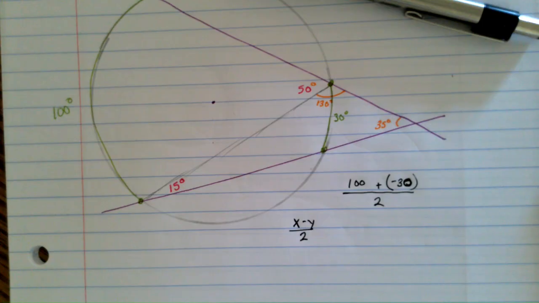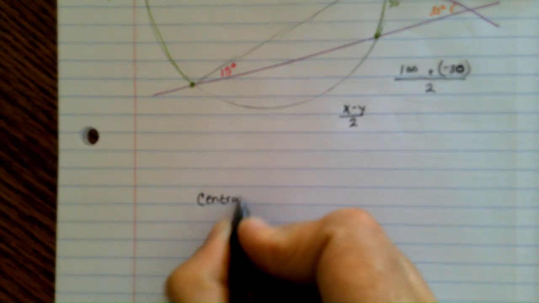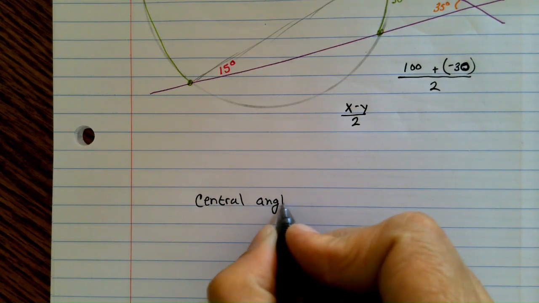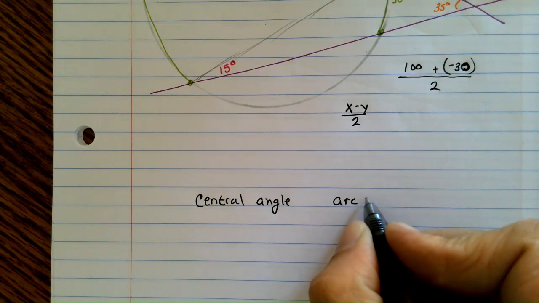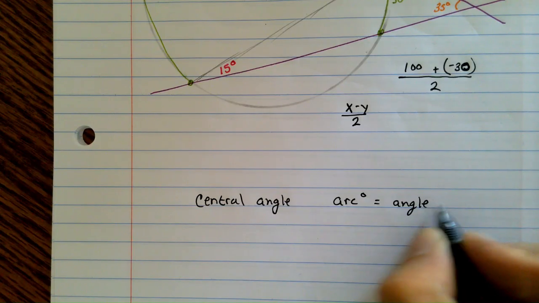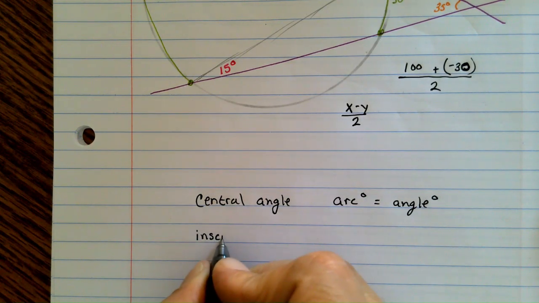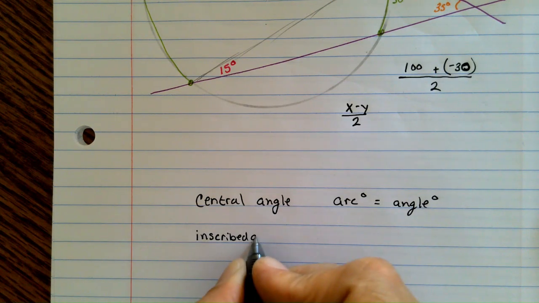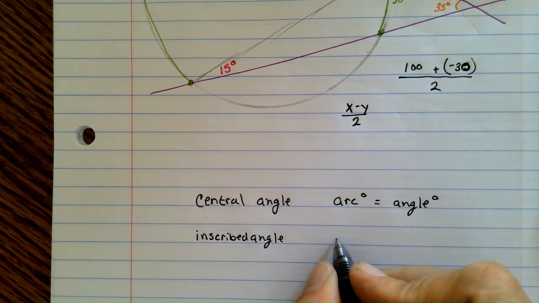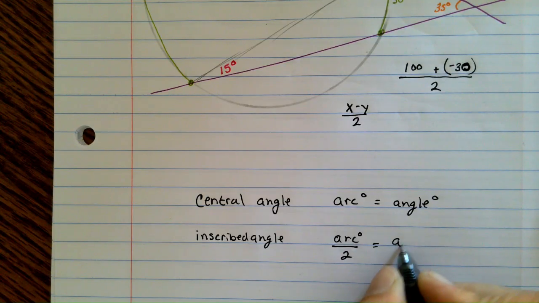Okay, so what do we have? Let's see. Central angle: arc degree equals angle degree, right? Inscribed angle: arc degree divided by 2 is your angle degree.